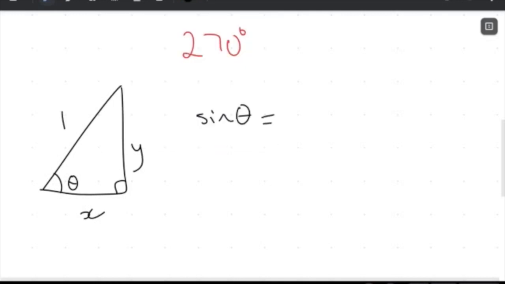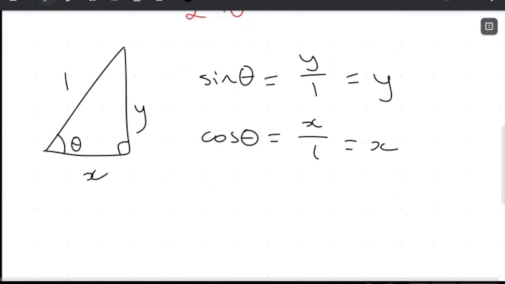So sine of theta is my opposite over my hypotenuse, so y over 1, which I can also write as y, because any number divided by 1 just gives us the number back. Cos of theta is my adjacent side, x here, over my hypotenuse of 1, so I get x.